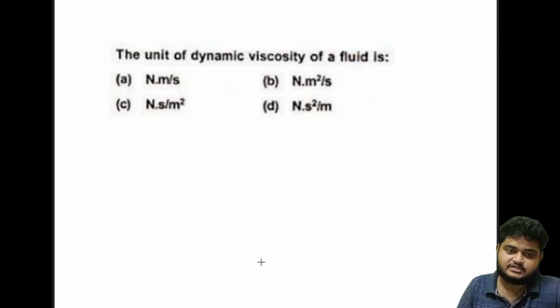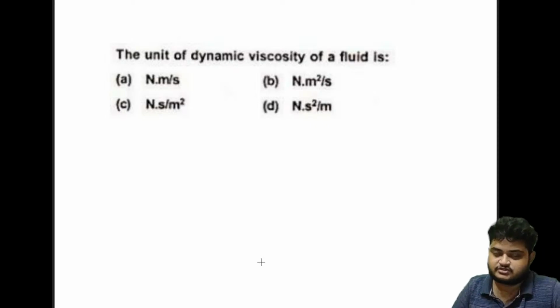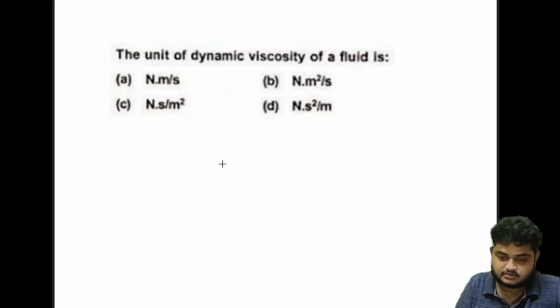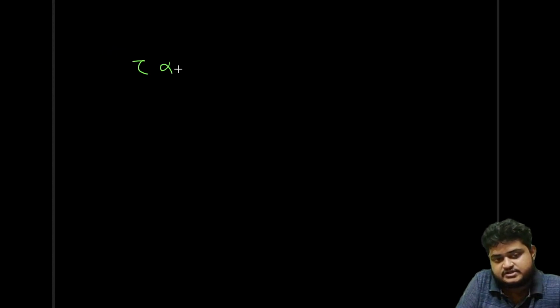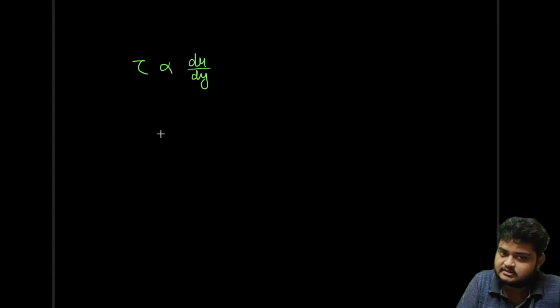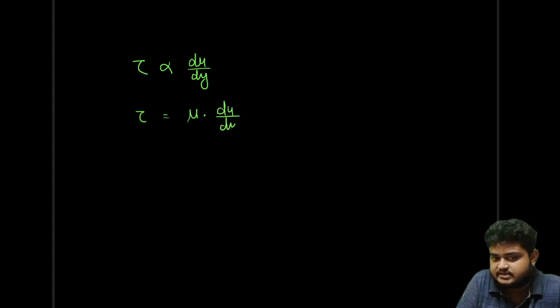Now the next question is saying that the unit of dynamic viscosity of a fluid is. What is the unit of dynamic viscosity? We have derived this before, but if we want to derive it again: shear stress is proportional to velocity gradient. Shear stress equals dynamic viscosity into velocity gradient.